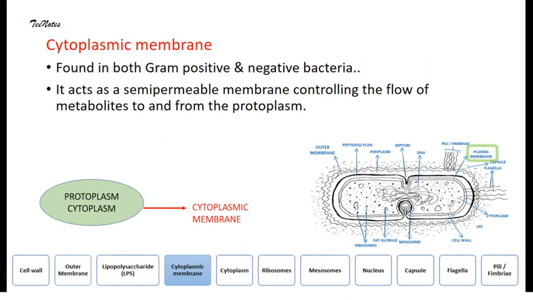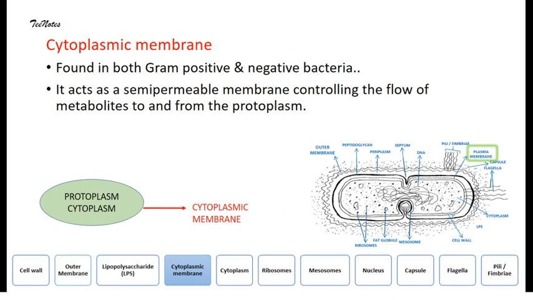Next one is the cytoplasmic membrane. The cytoplasmic membrane is present immediately beneath the cell wall, found in both gram-positive and gram-negative bacteria, and it is a thin layer lining the inner surface of the cell wall and separating it from the cytoplasm.